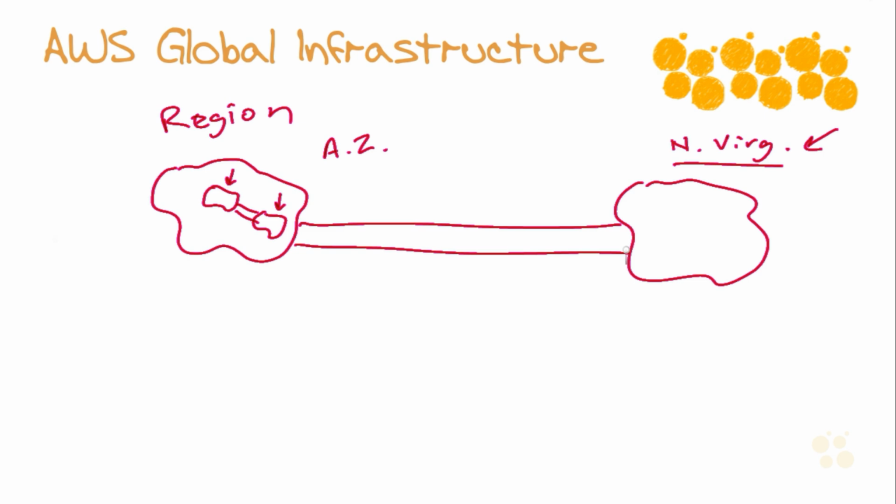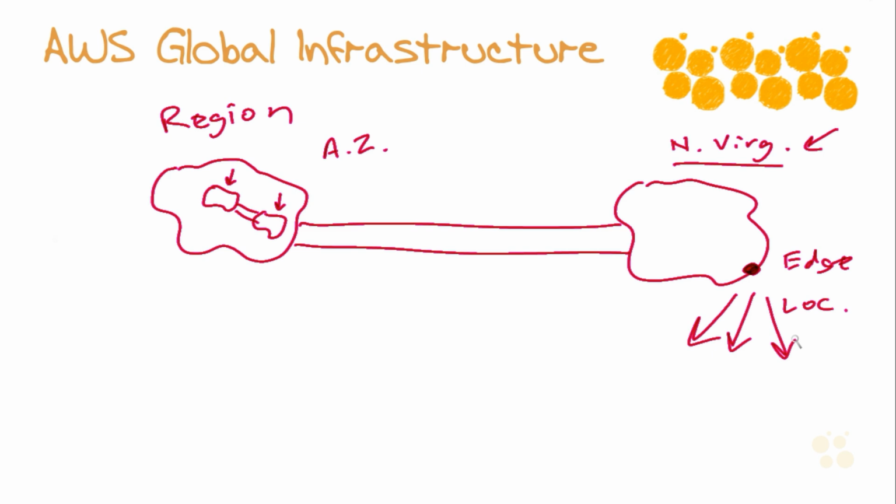Now, something else that we have, in addition to regions and availability zones, is edge locations. So let me label that edge locations. These are for delivering content out to the users that are near that region, or they could be all the way across the globe, but ideally they're fairly close to that region.